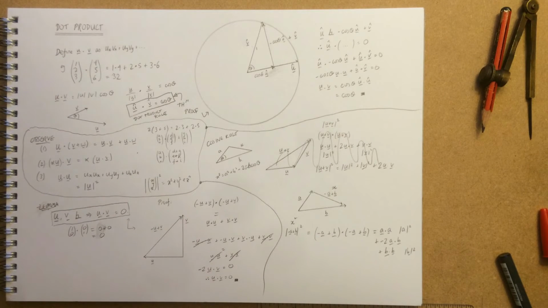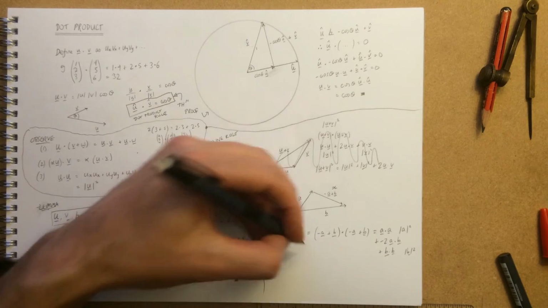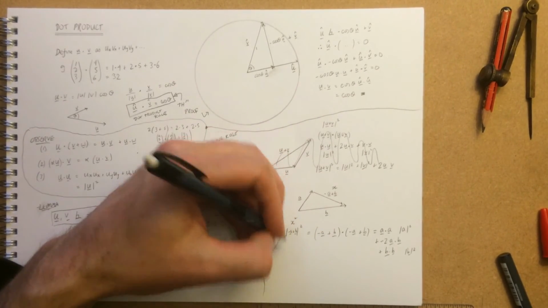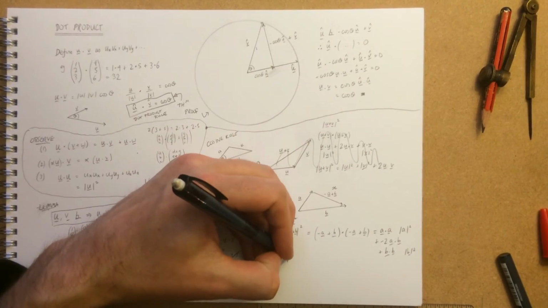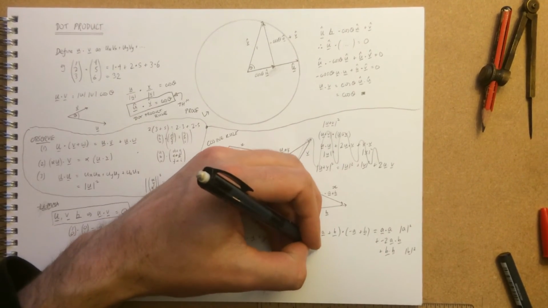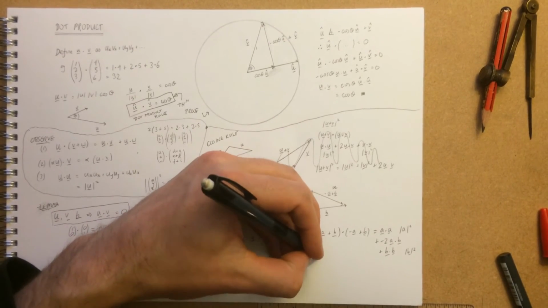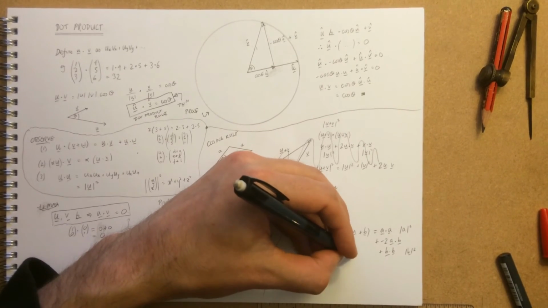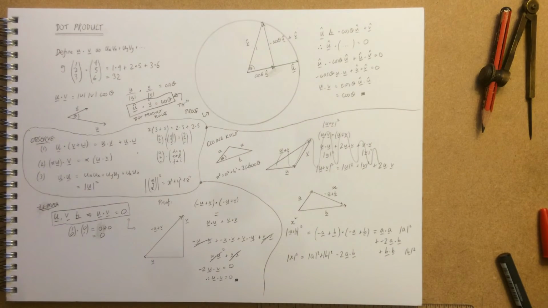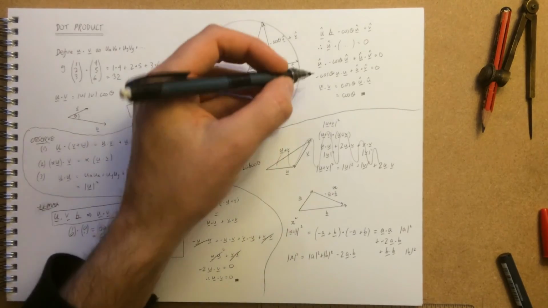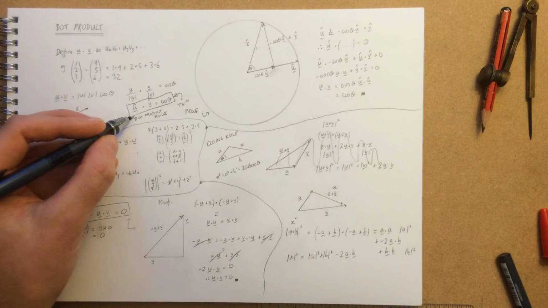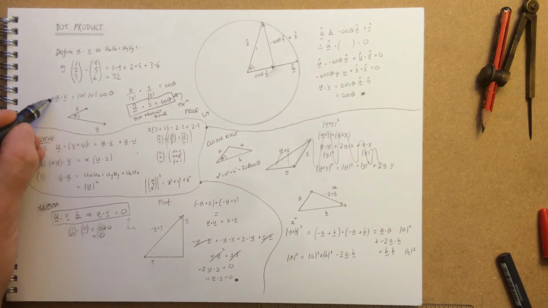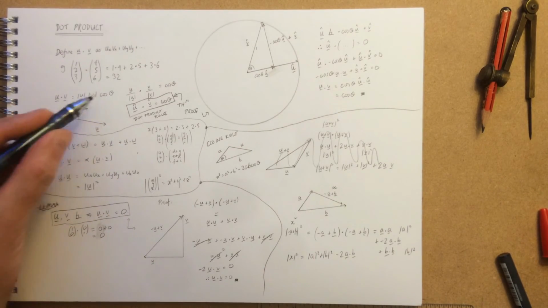Okay, done. Let's write it out in full. So we've got mag of x squared equals mag A squared plus mag B squared minus 2A dot B. And using the dot product rule that we have here, A dot B is just mag A mag B cos theta.